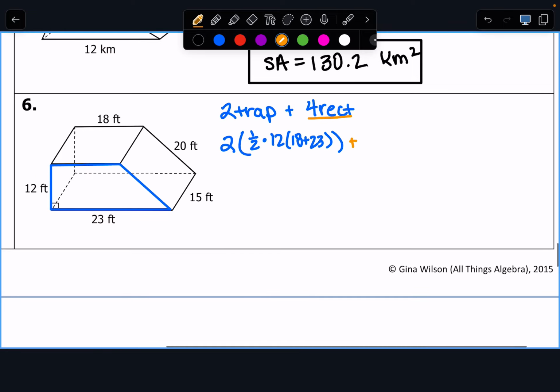What is the length of every rectangle? Okay, so we have a 20 by 15 rectangle. We have an 18 by 15 rectangle, a 12 by 15 rectangle, and a 23 by 15 rectangle.